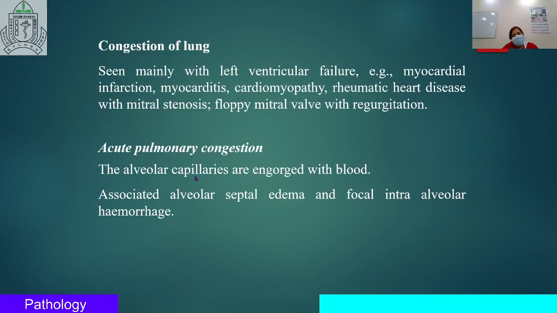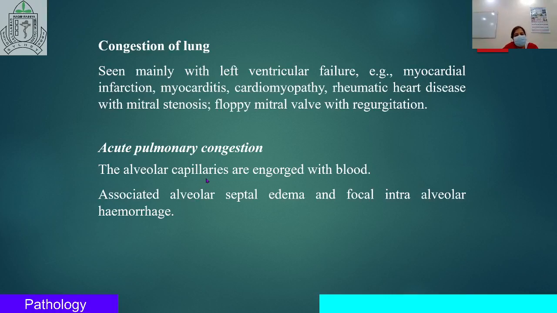In acute pulmonary congestion, alveolar capillaries are engorged with blood. As it is congestion, this blood is deoxygenated blood. We know that the unit of the lung is the alveoli.